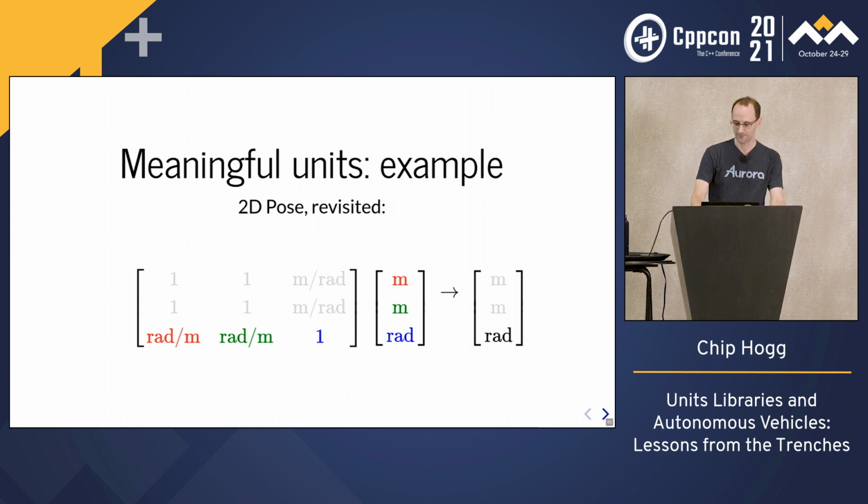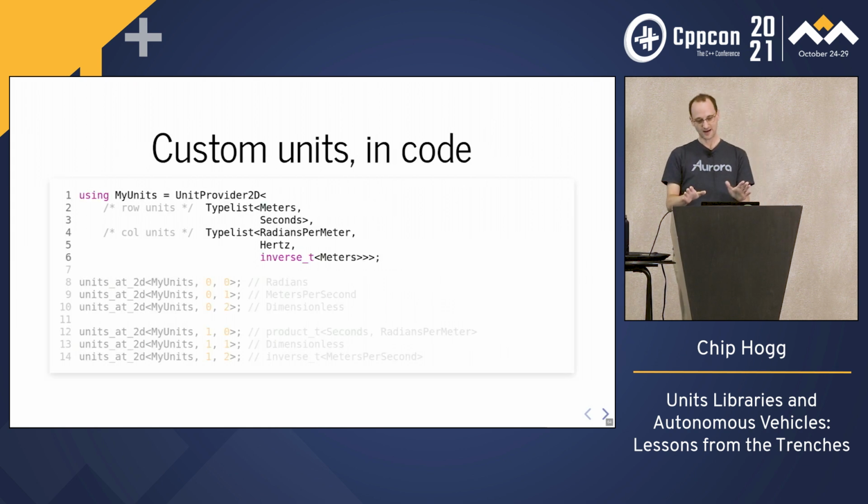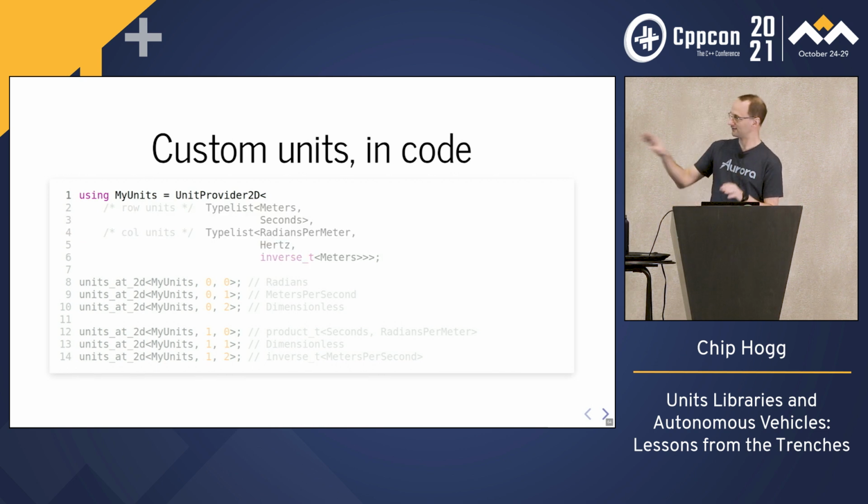How's that look in code? Here's an example unit provider using a UnitProvider2D template, which we will typically give a meaningful alias. Here we've used MyUnits, very meaningful, and that's going to keep the end user call sites more concise and readable. An example of this might be SE3Units, for example, in real code.